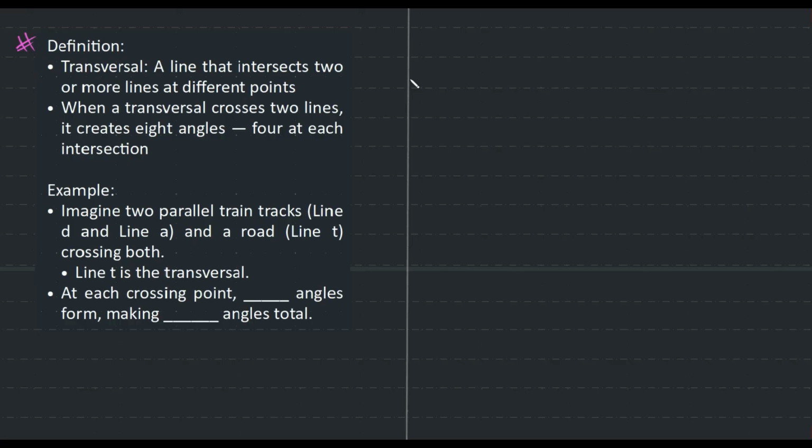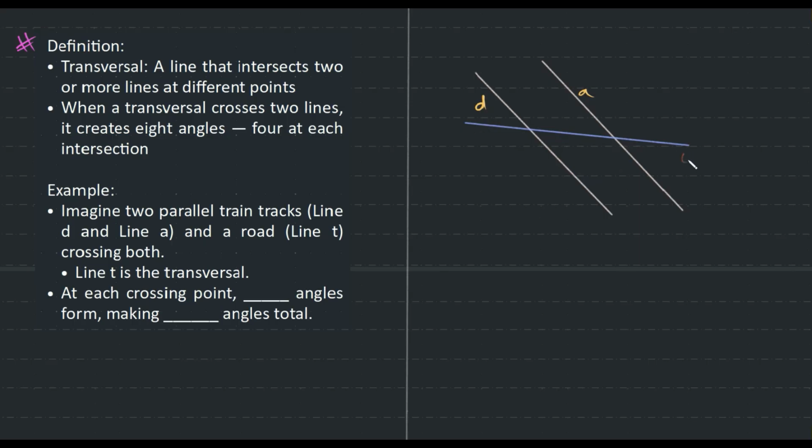So let me show this. Actually, there's an example also. Imagine parallel train tracks or something like this. And a line, this I should call line D and A. And we have a transversal line, say something like this.